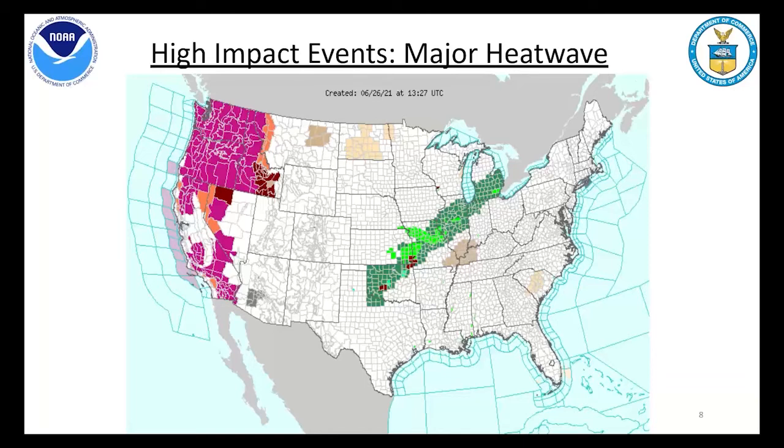First one here is the major heat wave that affected the western U.S., especially the Pacific Northwest during late June. We had excessive heat warnings posted for nearly all of Washington and Oregon, much of Idaho, parts of California and Nevada. The date was June 26th.